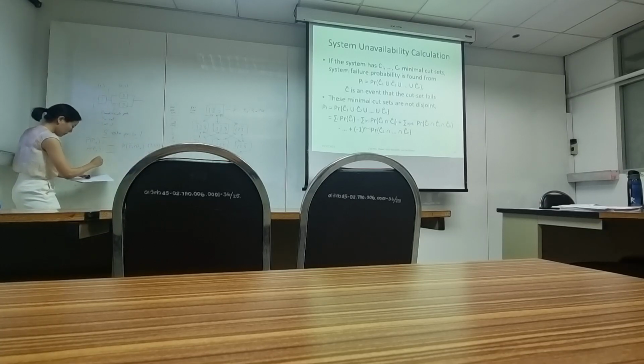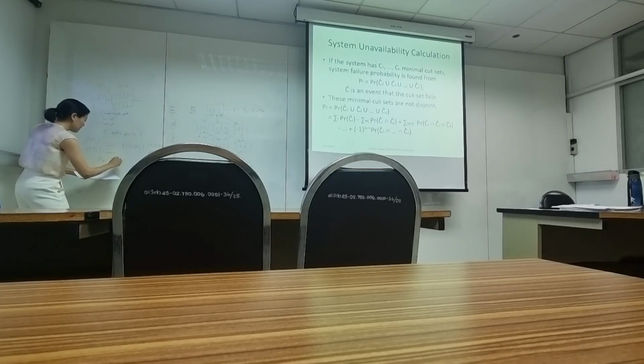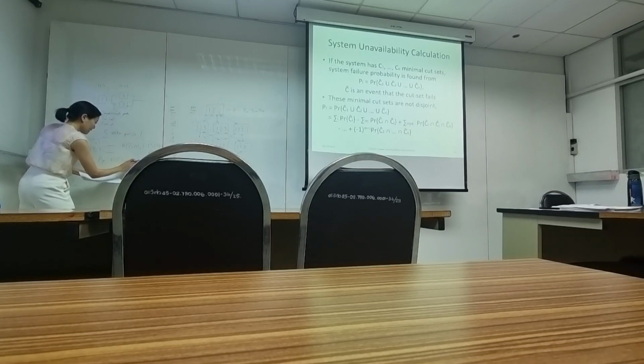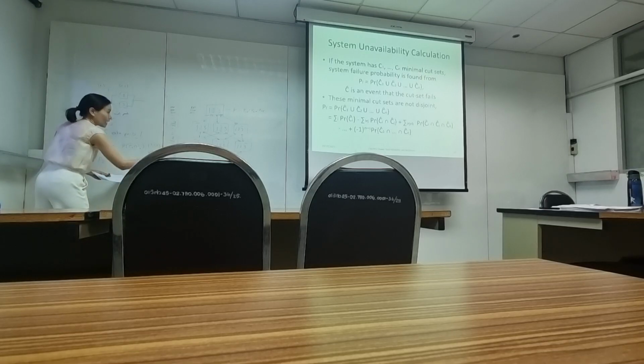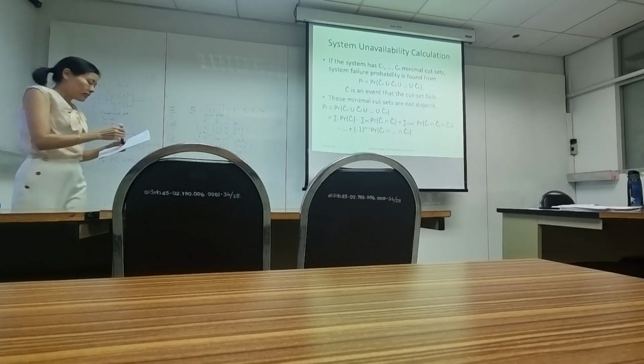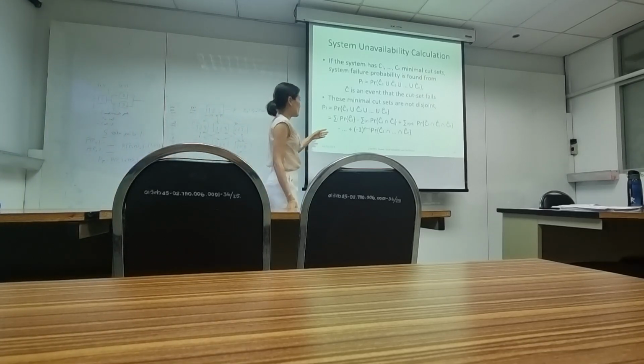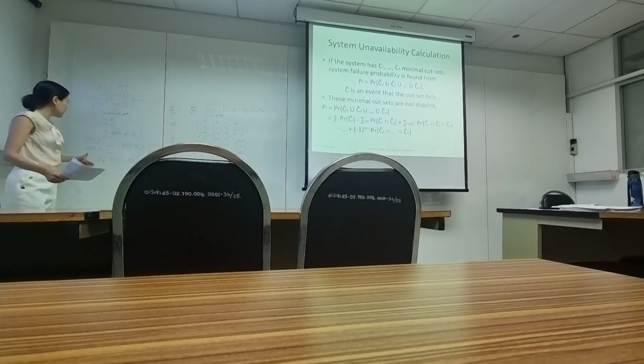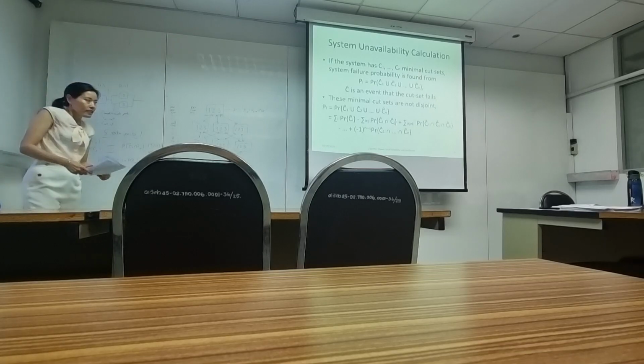And then the probability of failure will be equal to probability of C1 plus probability of C2 minus probability of C1 and C2, okay? So according to this formula right here, you will find the probability of the cut set.